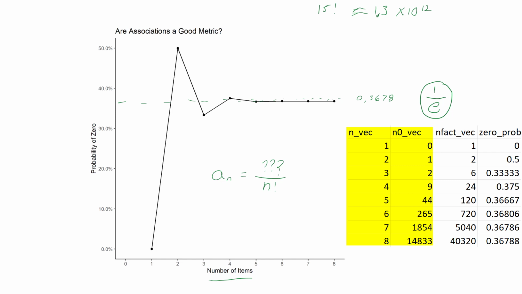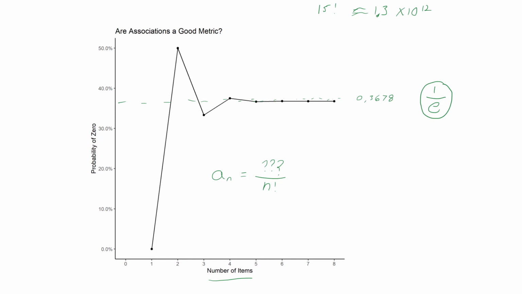So if someone could figure that out for me, that'd be great. But what we do know is that when we take the limit as n goes to infinity of something divided by n factorial, we get 1 over e, which is roughly 0.3678. And that's surprising in itself.